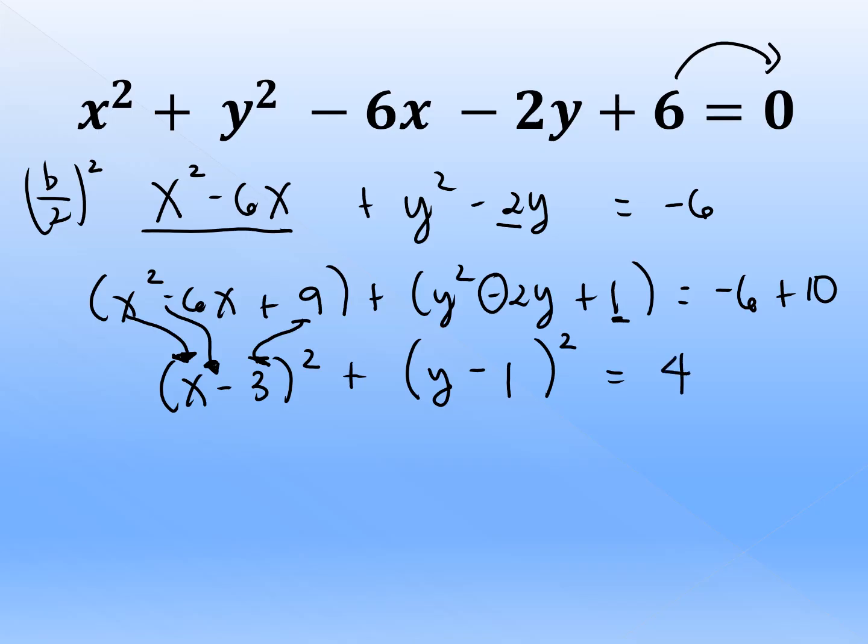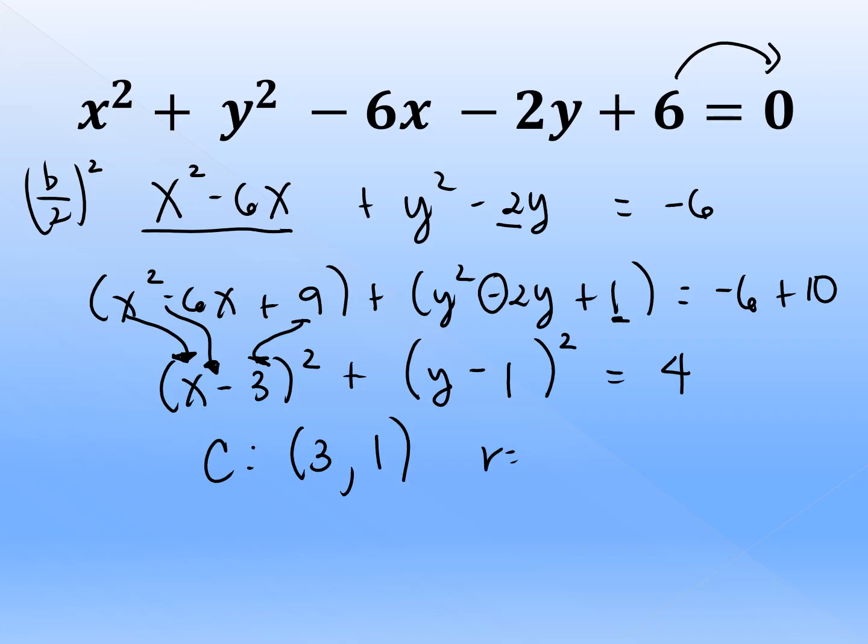Now, we can get the value of the center. Since it follows x minus h, therefore h is equal to positive 3. And then since it follows y minus k squared, the value of k is equal to 1. So the value of r is not 4. Just always remember this is not equal to 4.